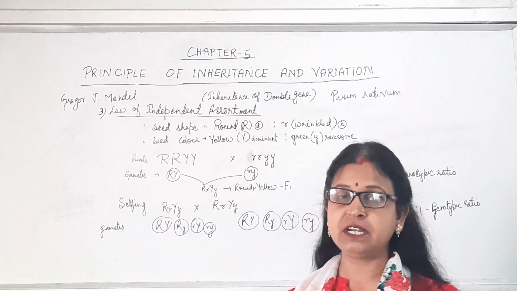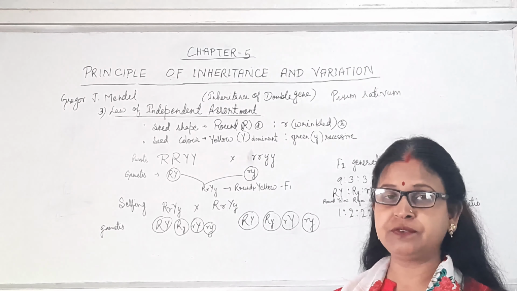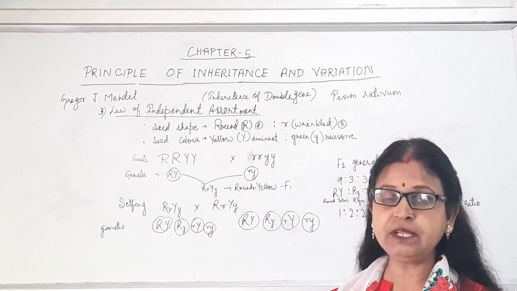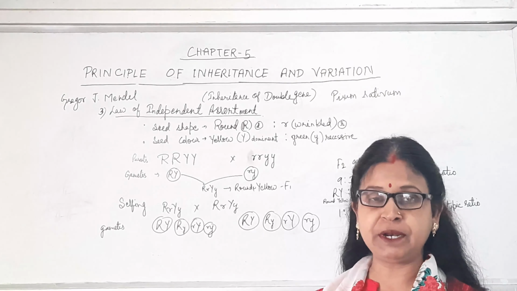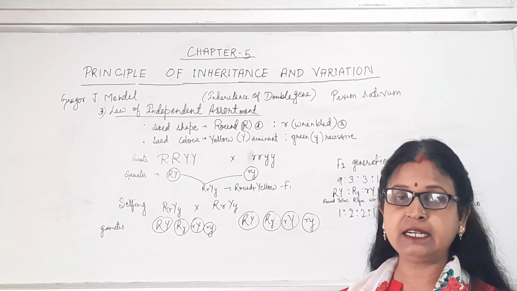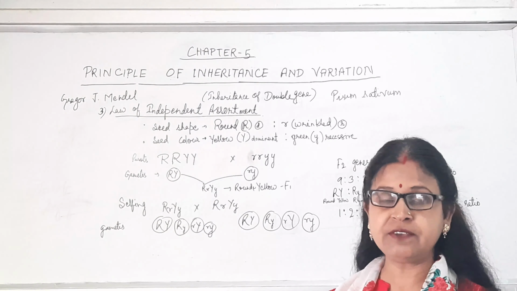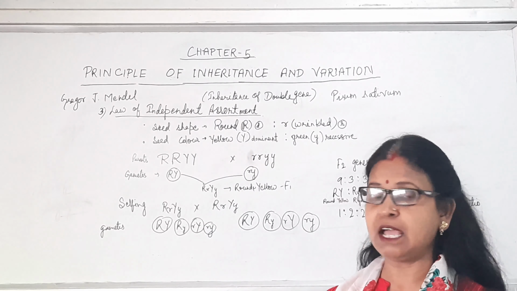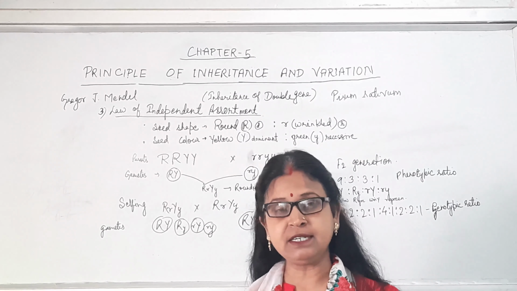In that condition, we saw that at the end we got one plant which was totally recessive in character. That means during gamete formation, the segregation occurs, that is separation of the alleles occurs, and that's why it is known as the law of segregation. The recessive allele also enters into the gamete and it will express itself whenever it gets a chance.